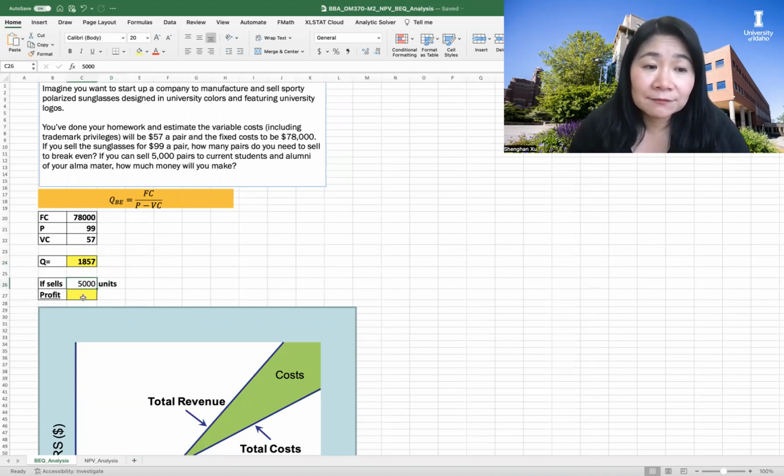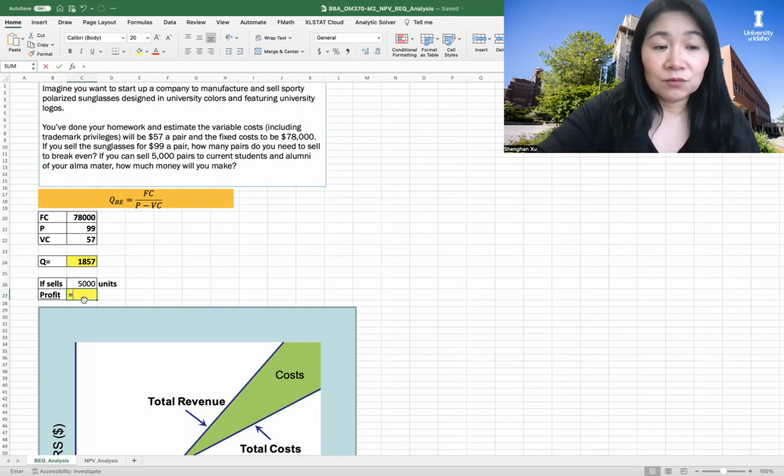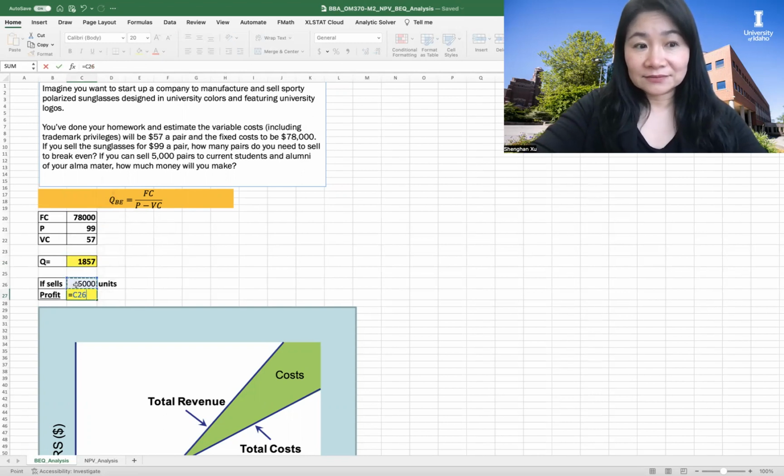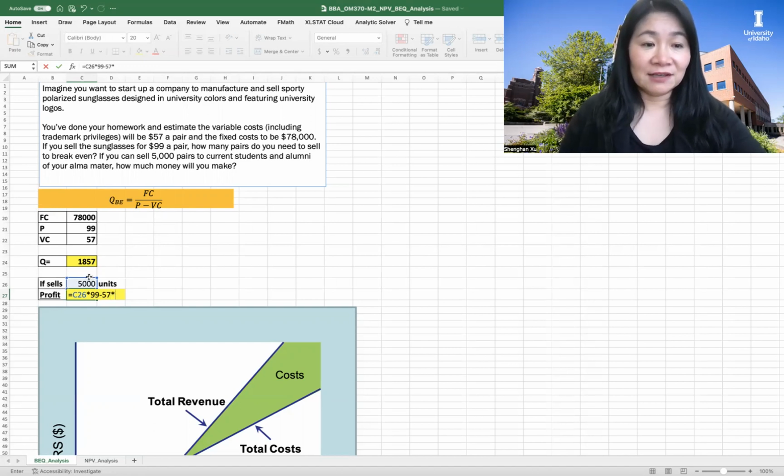So now if you sell 5,000 units, what's your profit? That's very easy, right? So 5,000, you're going to sell for $99 a pair, right? And minus your variable cost, which is 57 multiplied by 5,000.